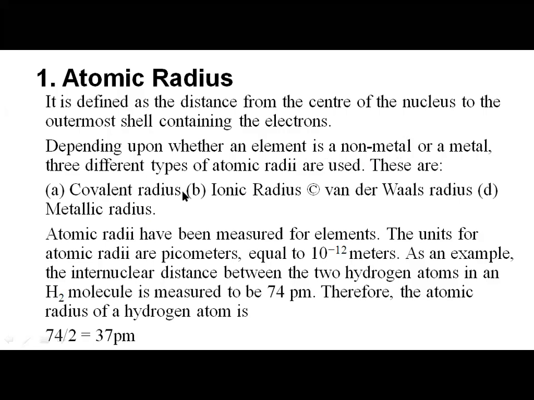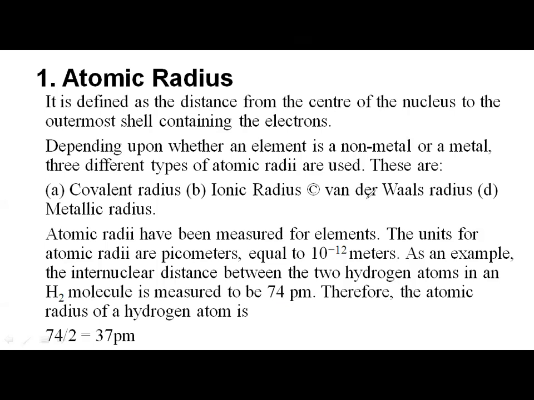So what do we mean by covalent radius? Okay, before going to that, atomic radii have been measured for the elements. The units of the atomic radii are picometers, equal to 10 raised to minus 12 meters. An example: the internuclear distance between the two hydrogen atoms in the H2 molecule is measured to be 74 picometers.